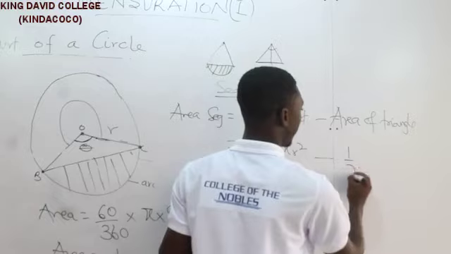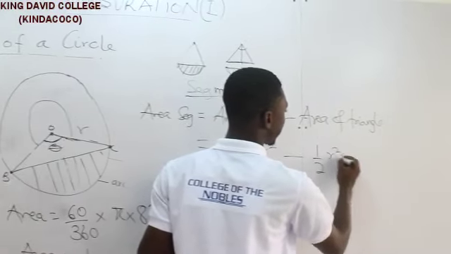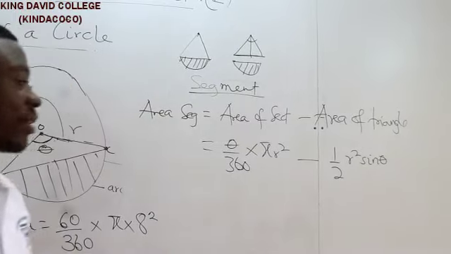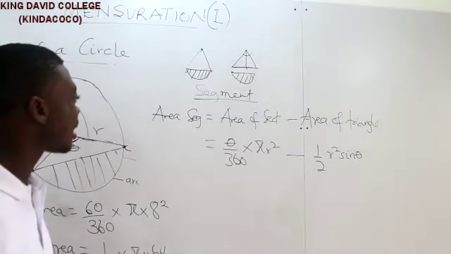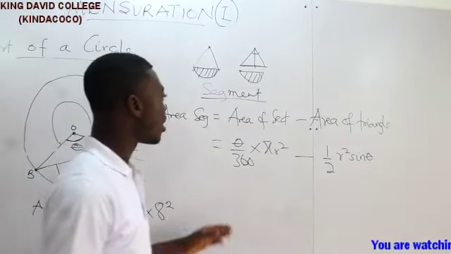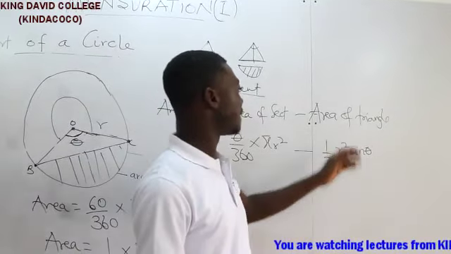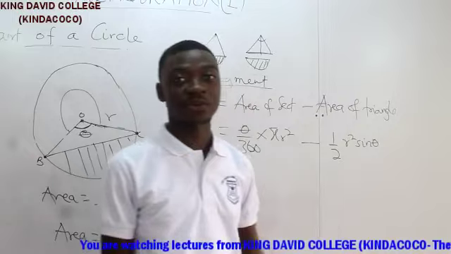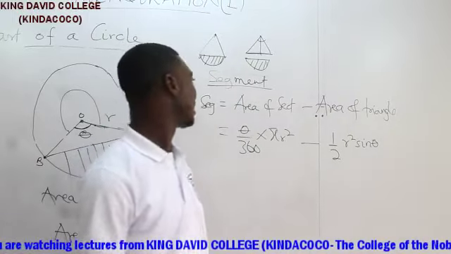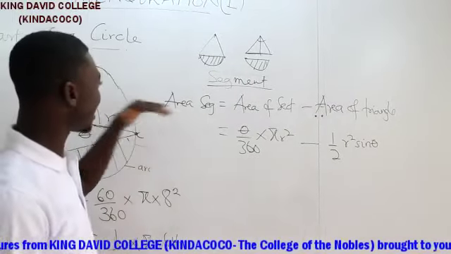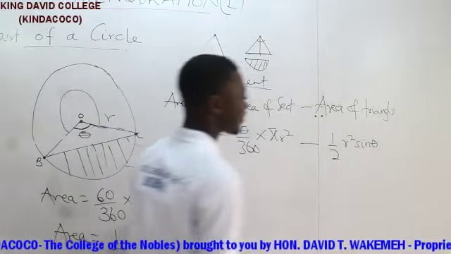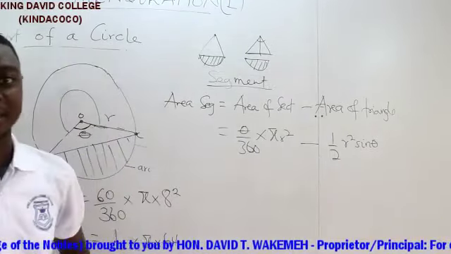Half r squared sine theta. So if you are looking for the area of the triangle, you can use half r squared sine theta. So for the area of the segment, you are supposed to use this formula that is here.